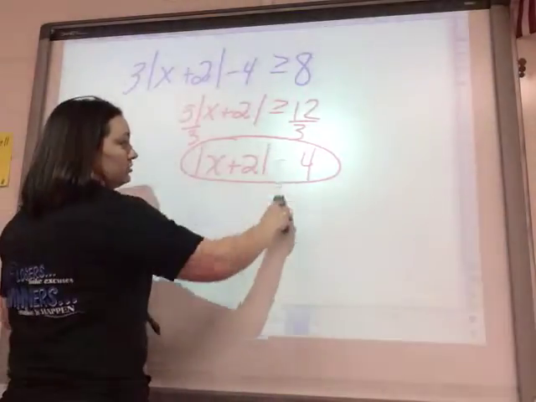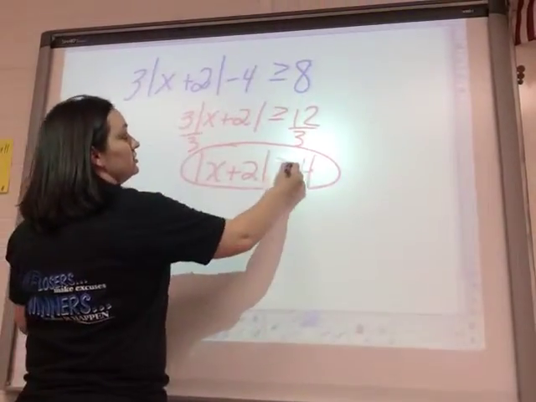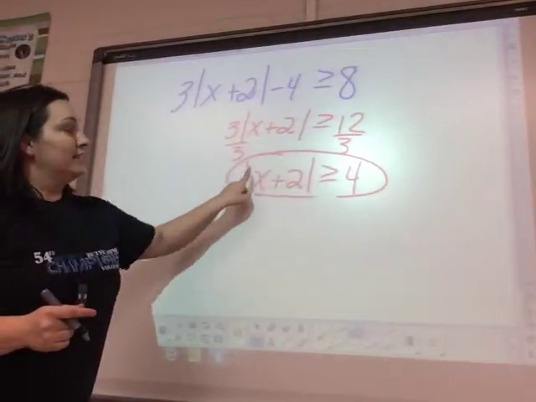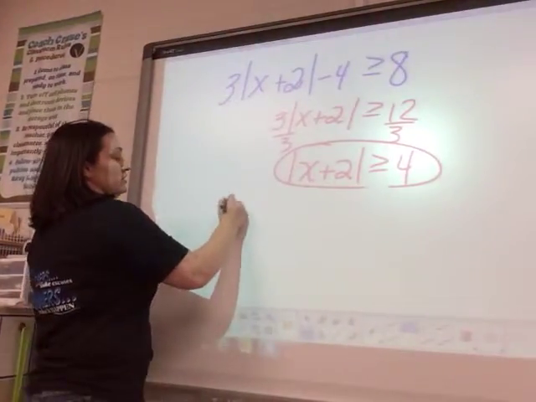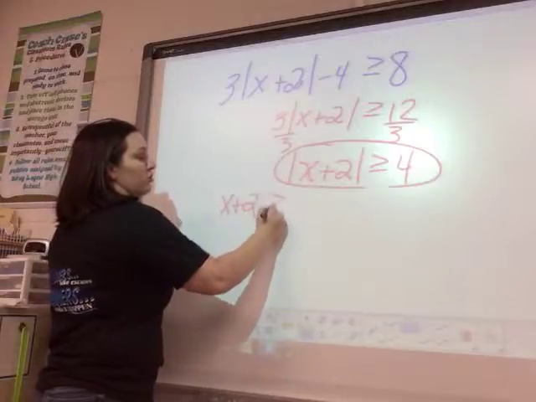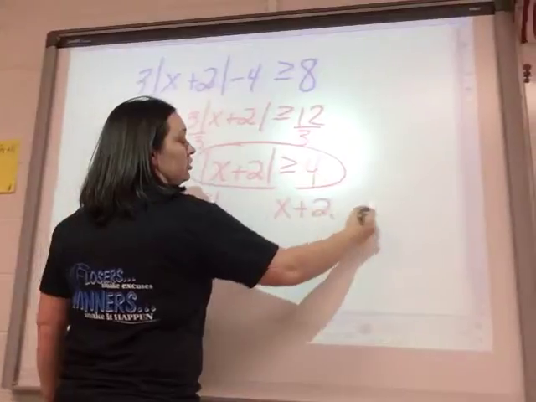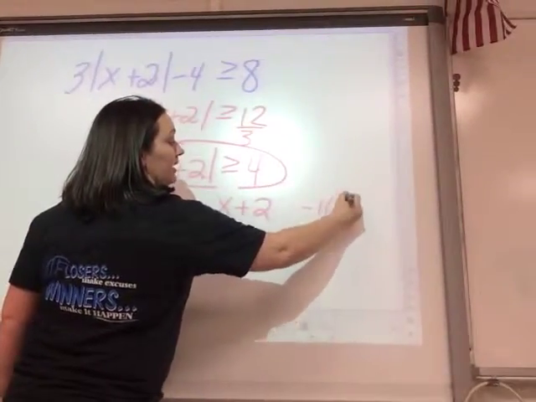And I shouldn't have put equal to. That's not equal to. That's greater than or equal to. Very, very different. Now, separate this to make your 2 equations. X plus 2 greater than or equal to 4. X plus 2, multiply that 4 by negative 1.